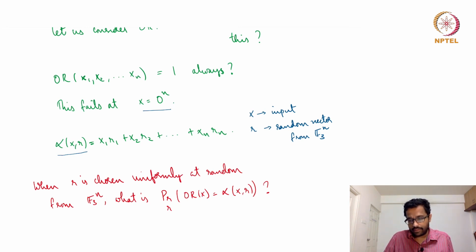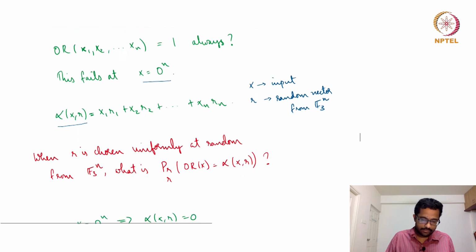So the random vector is also from f3, meaning each coordinate of the random vector can be 0, 1 or 2. So what is alpha x r? It is just a linear sum: x1 r1 plus x2 r2 plus etc. up to xn rn. Again, everything is over f3, so just think of it as mod 3. That is the simplest way to think of it.